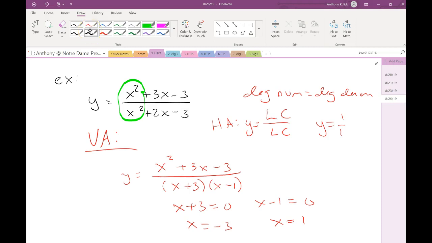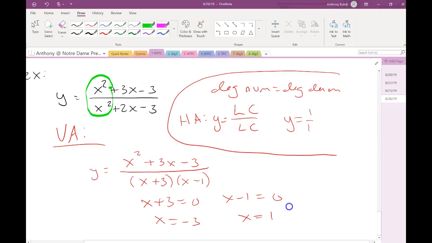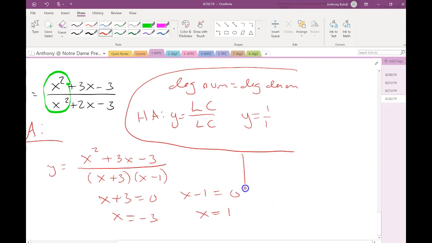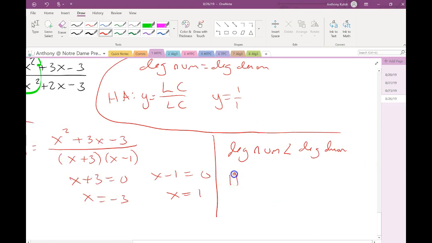What happens if the degree of the numerator is less than the degree of the denominator? Does anybody remember what happens in that case? It's always y equals 0.